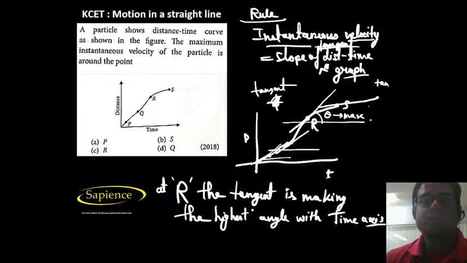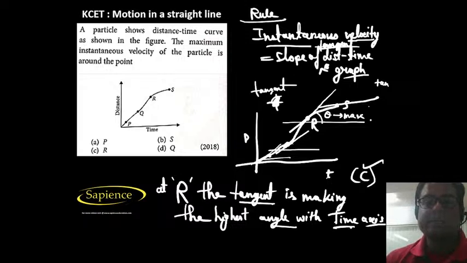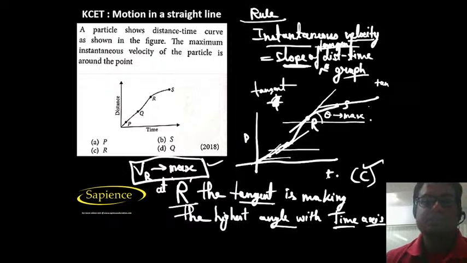So option C is the correct answer. Why? The tangent is making the highest angle with the time axis, so it is having the highest slope, and slope is highest means the instantaneous velocity at the point R is highest. The velocity at R is maximum. Option C is the correct answer.